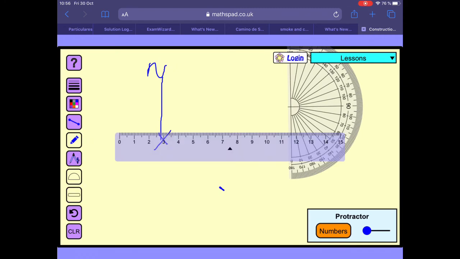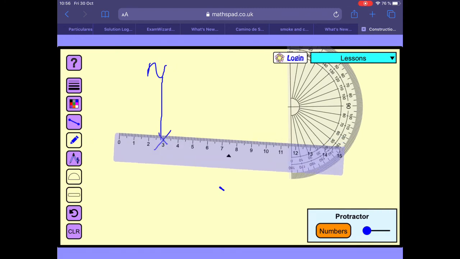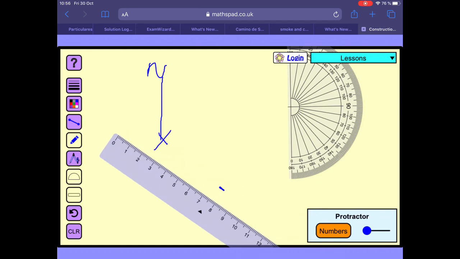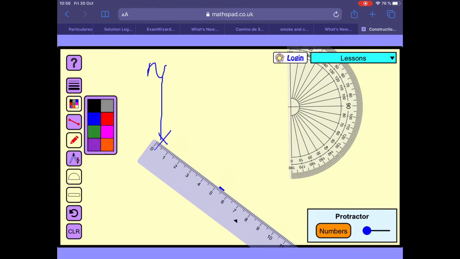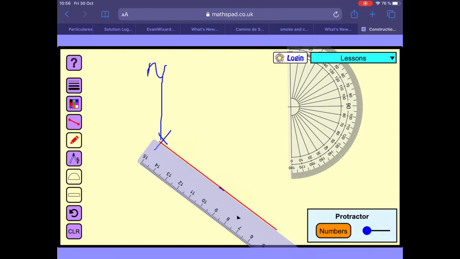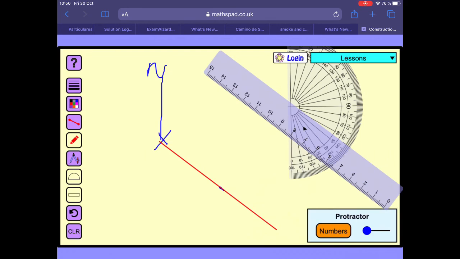And it was for 10 miles. Typically they will give you a scale. We're going to use the scale that 1 centimeter is 1 mile. So I would draw a 10 centimeter line from there, and in the map I would say that here is where the boat is. That's how you construct a bearing.